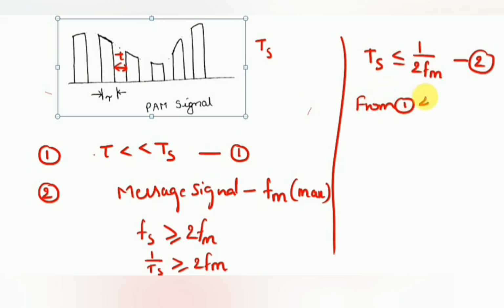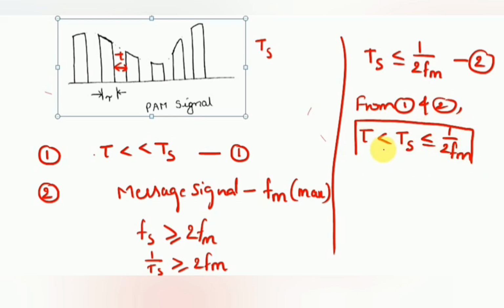From 1 and 2, by observing, we can say that the on time pulse duration of the PAM signal, tau, is less than Ts, which is less than or equal to 1 by 2Fm. So this is the relation.